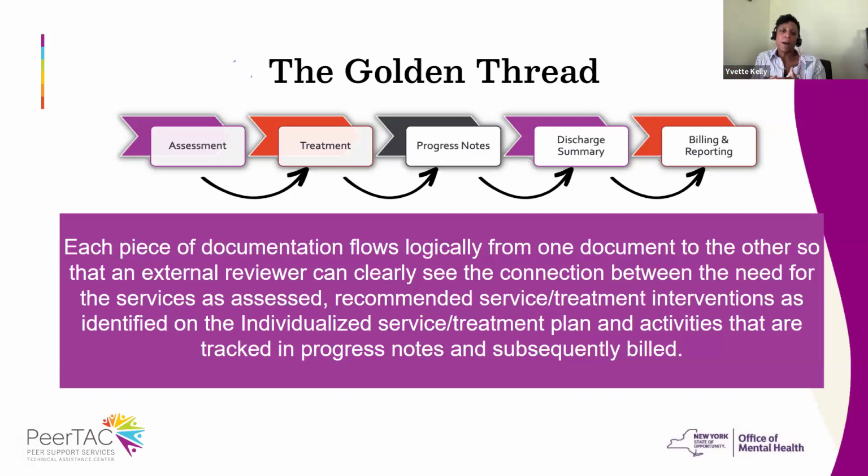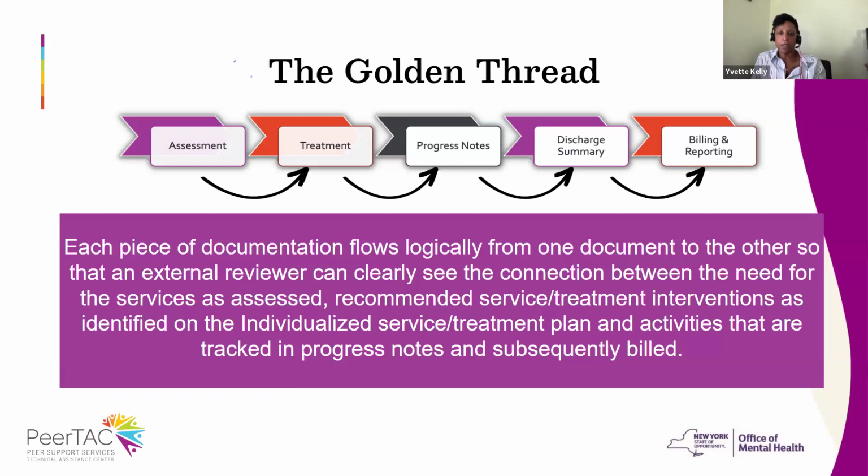And that includes the assessment, the service or treatment plan, and then the progress notes, right? So it really is a concept that weaves together all of the critical information and provides a comprehensive view of the individual.